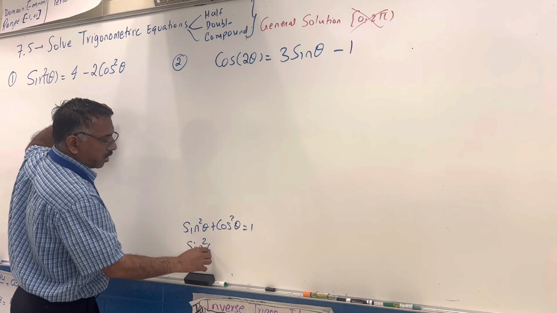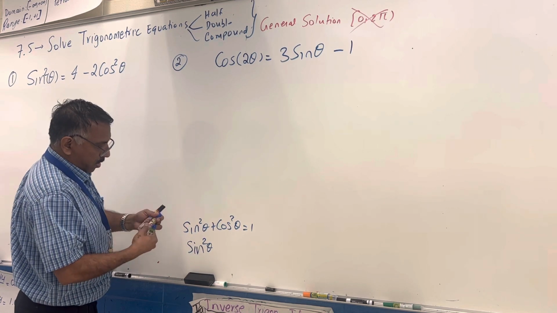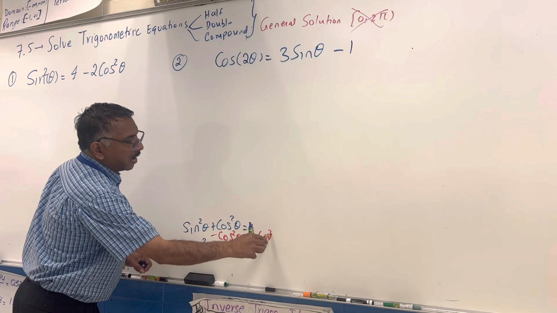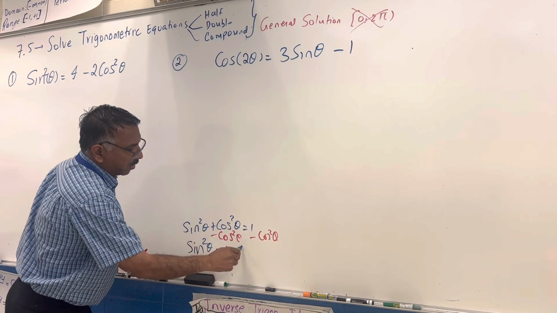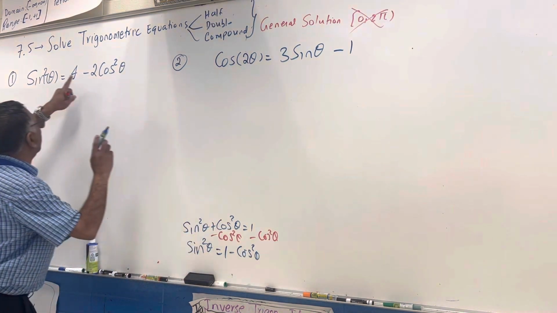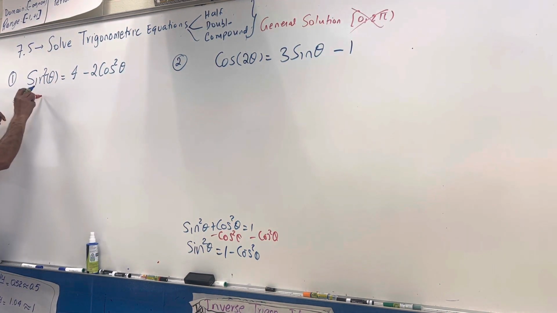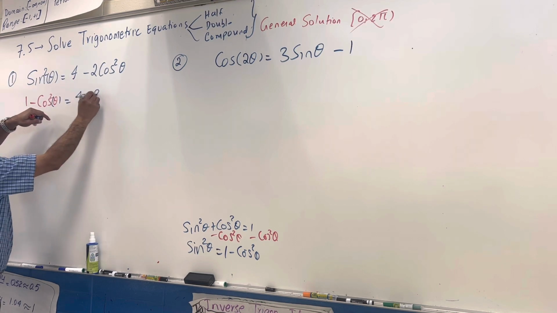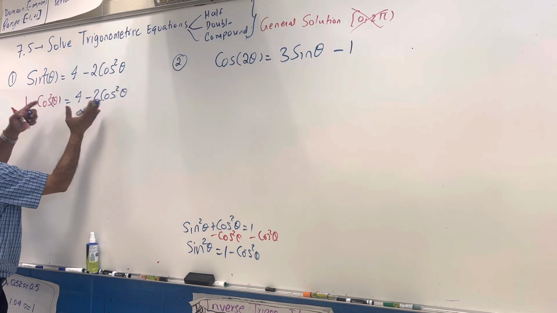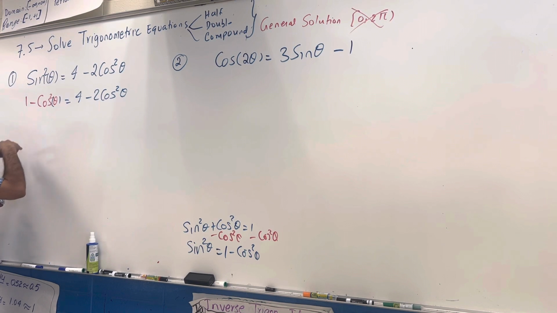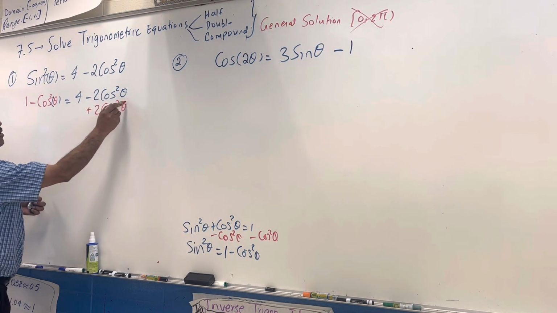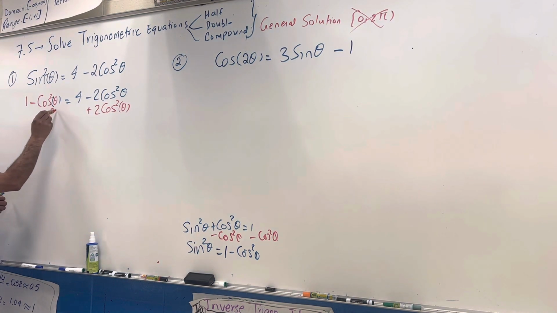So sine square theta, if you subtract cosine square theta, directly it's 1 minus cosine square theta. So replace this by 1 minus cosine square theta equals 4. And then get all the cosine square on the left. So you add 2 cosine square theta to this side.